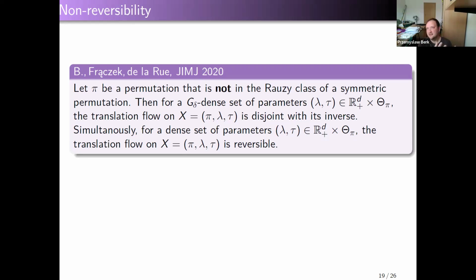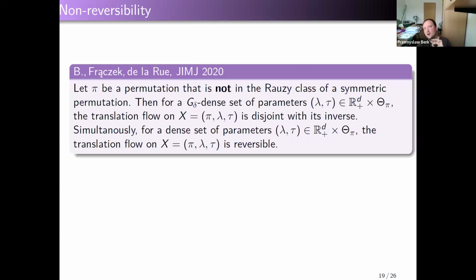So we know that the rotation by pi doesn't work, but maybe some other natural automorphism would work. But no, it wouldn't work. But simultaneously, surprisingly, even if you consider a permutation that is not symmetric, still by some degeneration of your parameters, I don't want to get into details, you can find a dense set of parameters for which the flow is reversible, even though the prevalent set of flows of translation surfaces gives you a non-reversible flow.